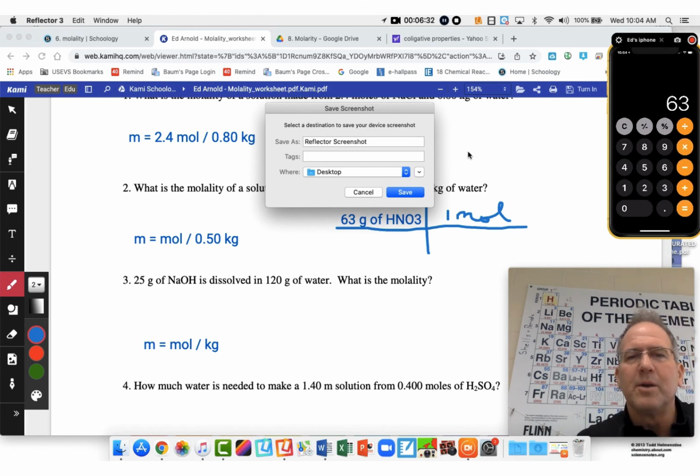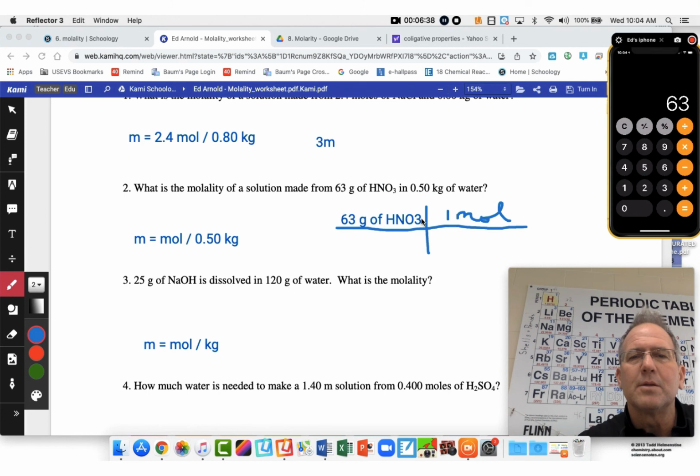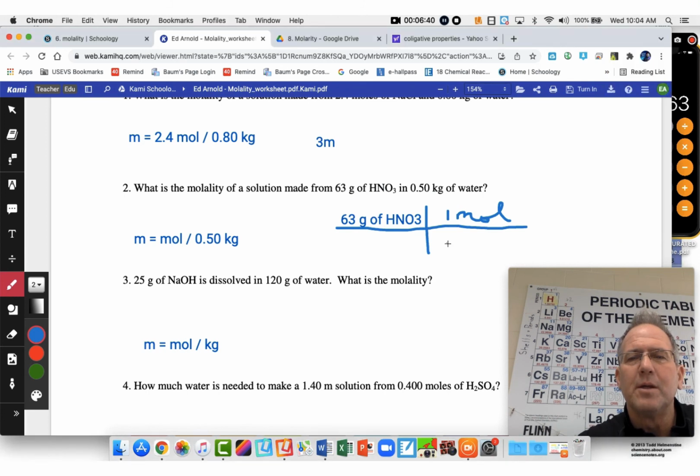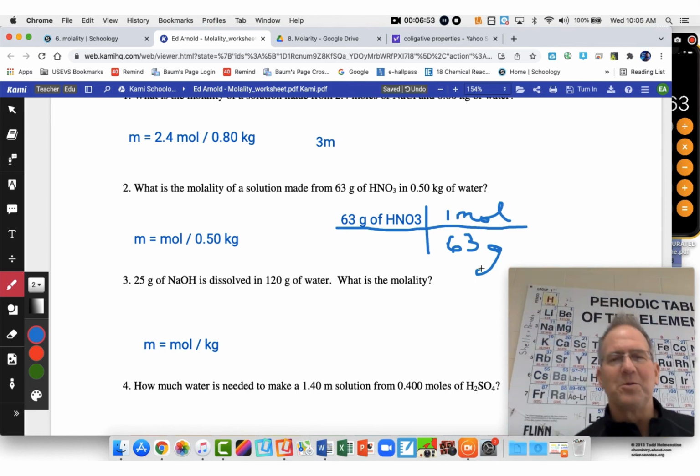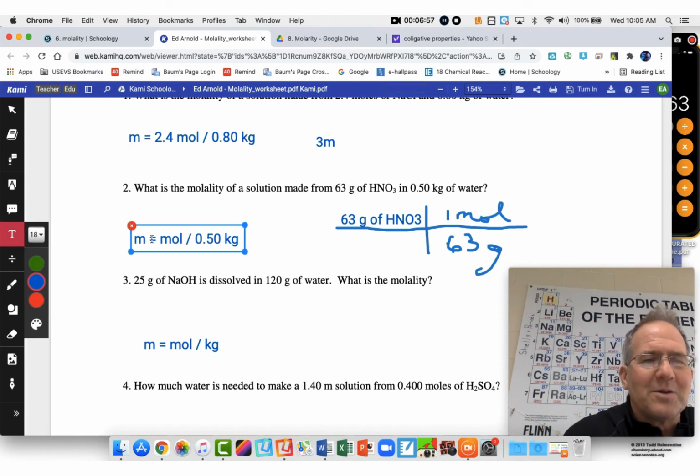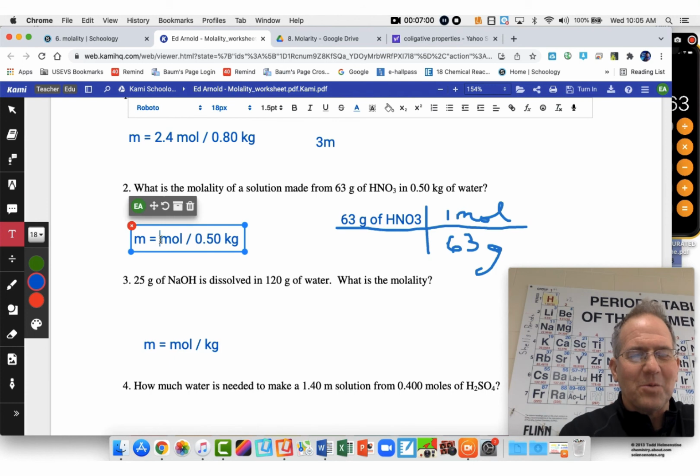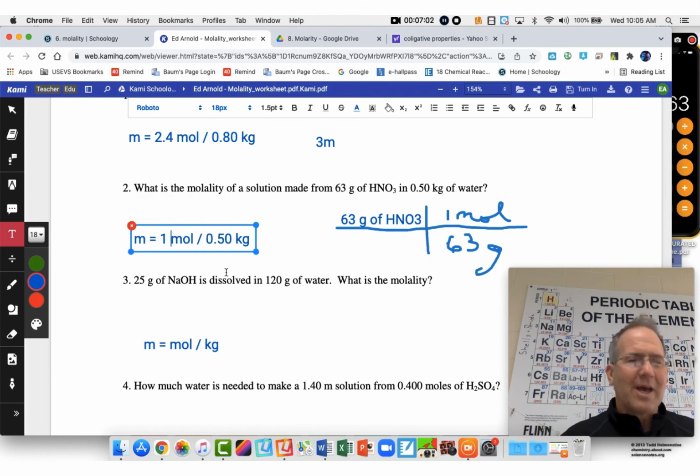So it should be 63 grams. Okay. Oh. It's 63 and 63. It's 1 mole. Come on. Come on, science. Quit doing those kind of things to us. So this was just a 1 anyway. And so we have 1.